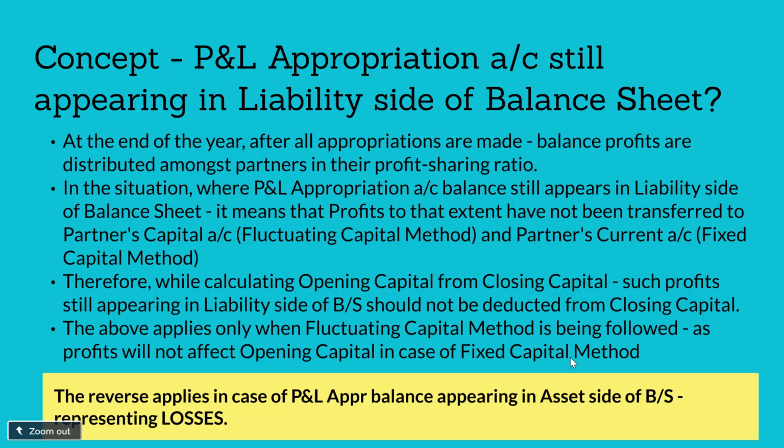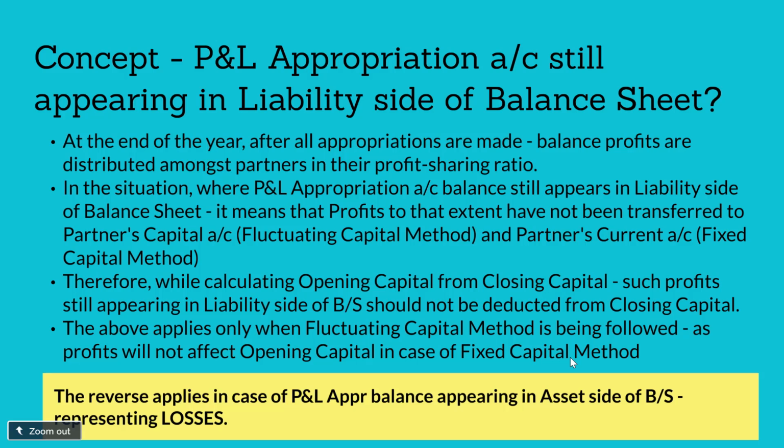The profits will not affect calculation of opening capital from closing capital in the case of the fixed capital method. So this concept will apply only when we try to calculate the opening capital from the closing capital in the case of the fluctuating capital method.